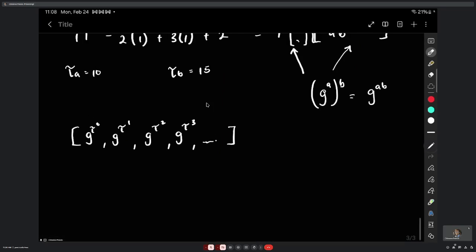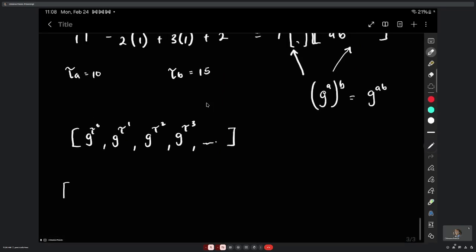In the multilinear case, if it's 2 variables, it will be G to the (1 minus a)(1 minus b), G to the (1 minus a)b, G to the a(1 minus b), and G to the ab.